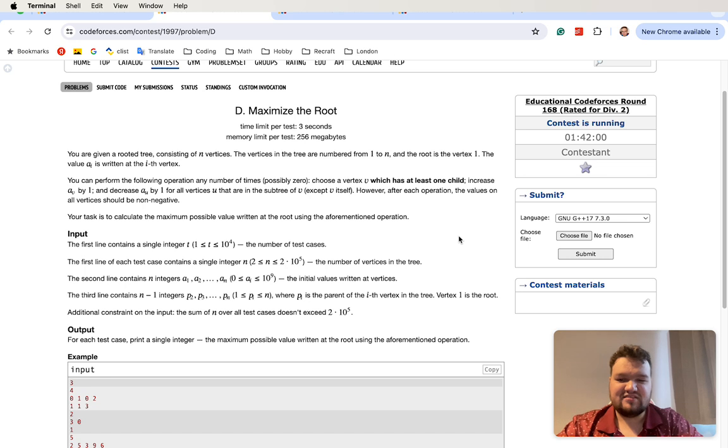Like in the sense that, well, it does matter because we cannot make values negative, but I want to say that if we look at some set of operations, and then if we want to make this set of operations, we can go from lowest vertices to highest and do it in that order.